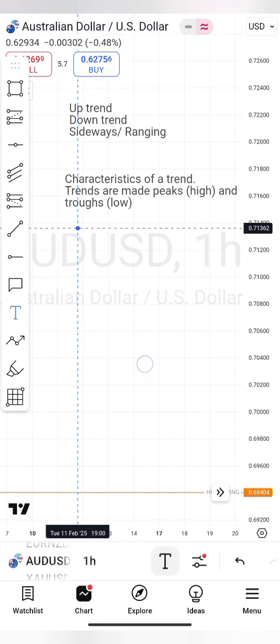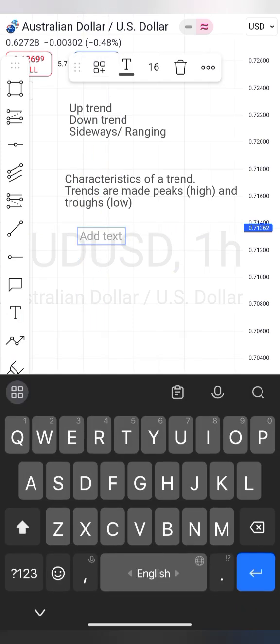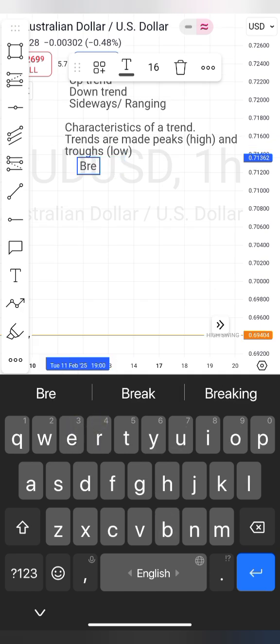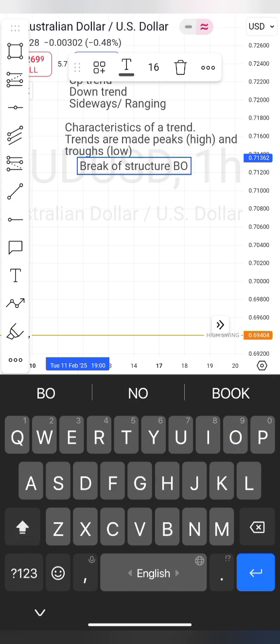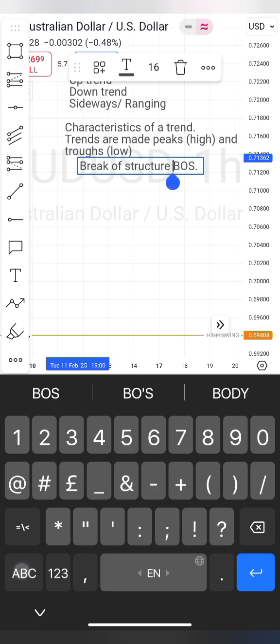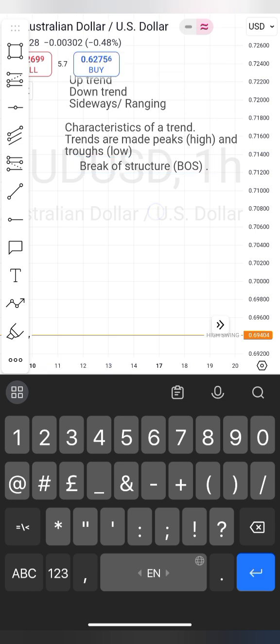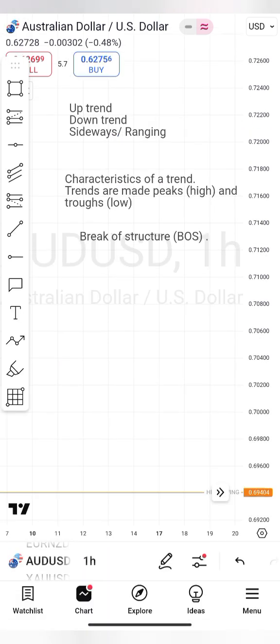So the next thing we have to talk about is break of structure, BOS, in initials.